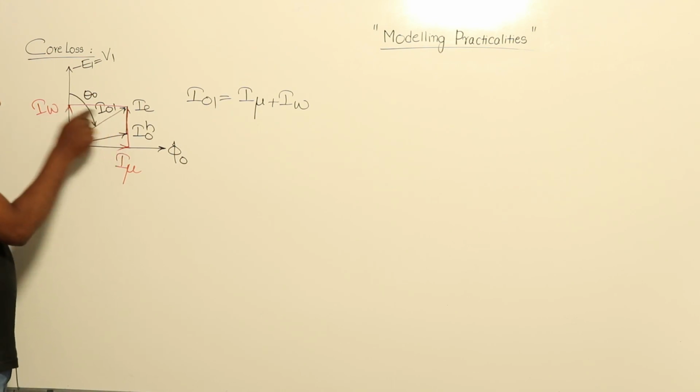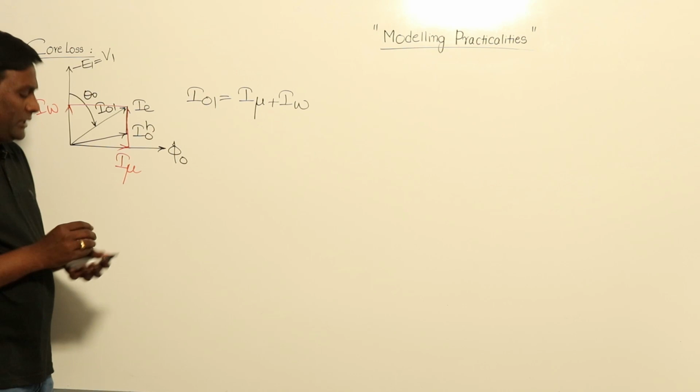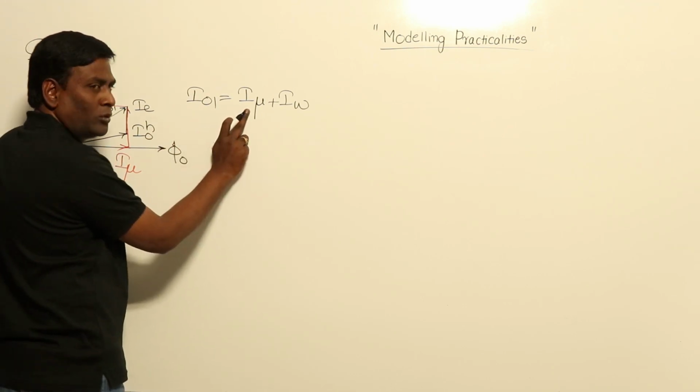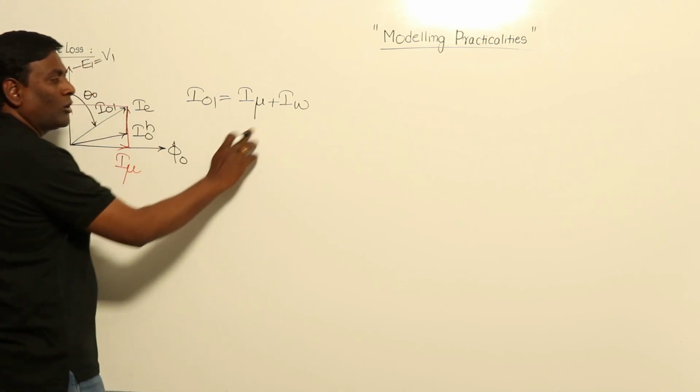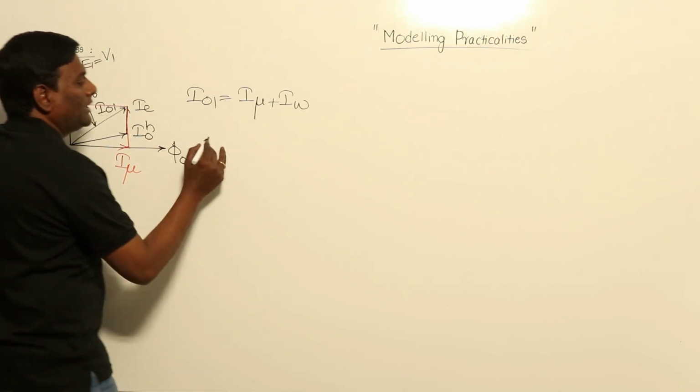Now I01 cos theta naught is IW only, so IW is called the watt component or loss component. So this is the magnetizing component of no load current, and this is the watt component or loss component of no load current. Now let me model this.